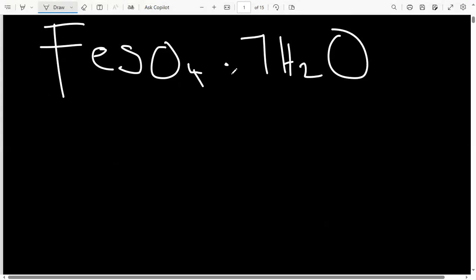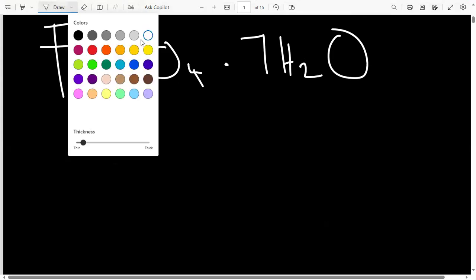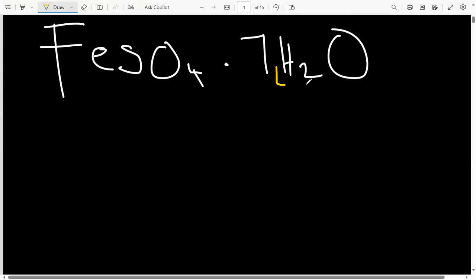How many moles of hydrogen molecules are we going to have? So this here, the one I've represented in yellow, is one mole of what? Hydrogen molecule. So the mole ratio here, you just get the front number.